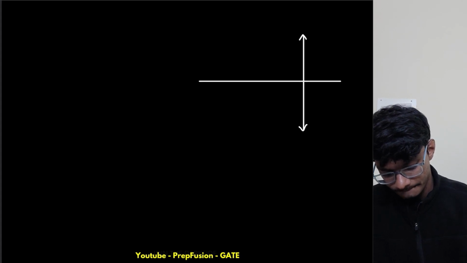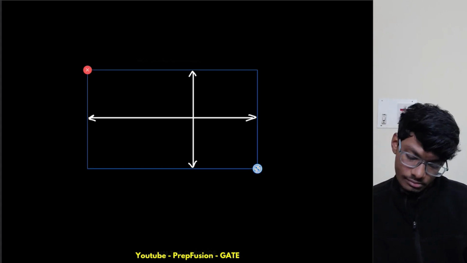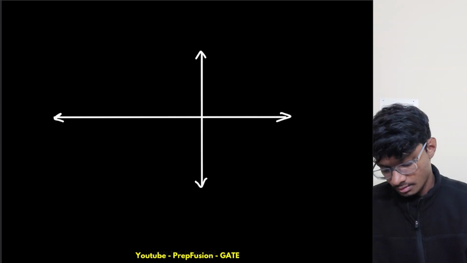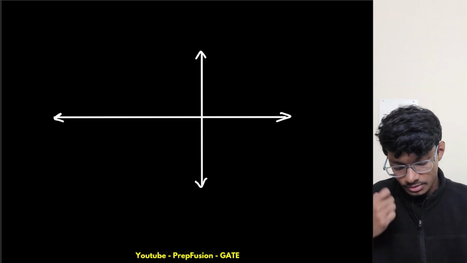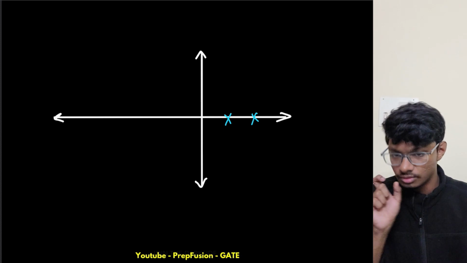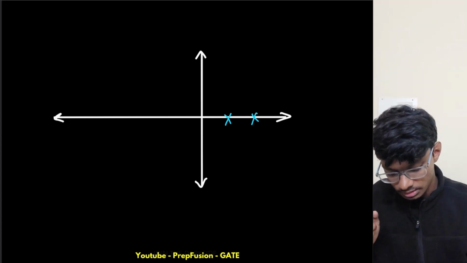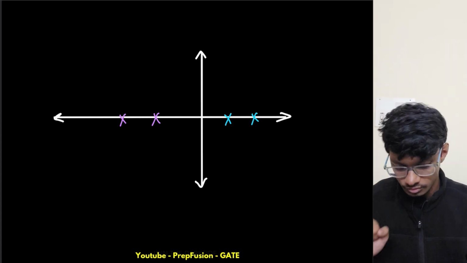So I will have all these 4 symmetric roots. If I assume that 2 right-hand roots are around here, then due to symmetry my 2 left-hand roots will be here, and the remaining root will be here.